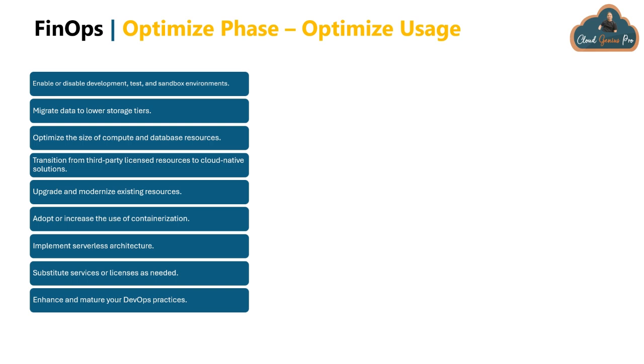The one area which is not touched by many cloud engineers or cloud administrators is the transition from third party licenses to native solutions. If we use third party software, platforms, or licenses, then obviously we have to invest in capability development, manpower to manage them, and a more complicated architecture, right?